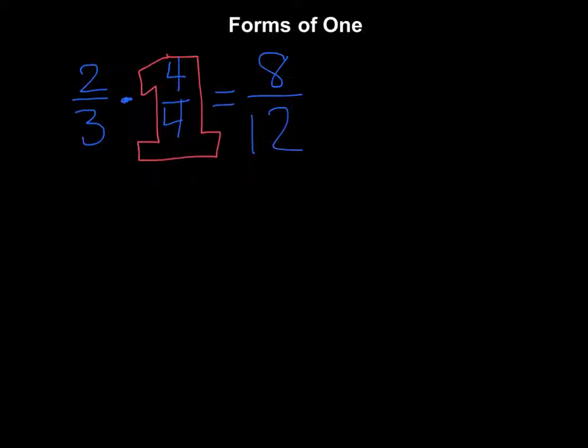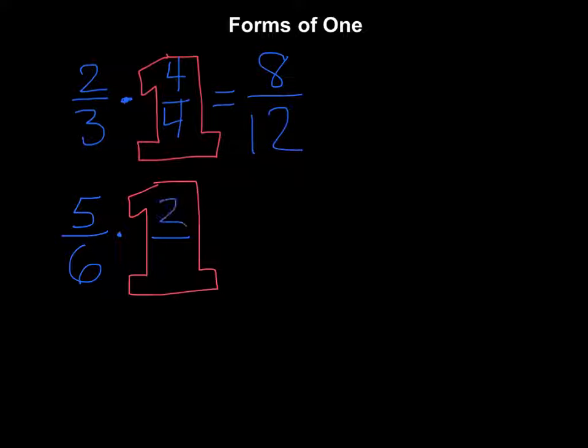Let's look at another one. Let's say we had 5/6. So I could multiply 5/6 by some form of 1 and change it so that it looks different, but it's still the same amount. And for this one, let's choose 2 over 2.